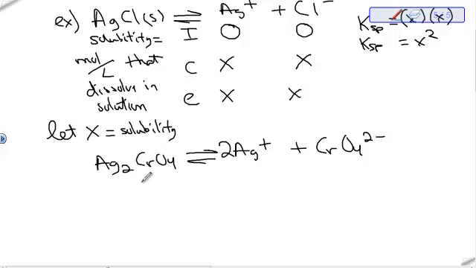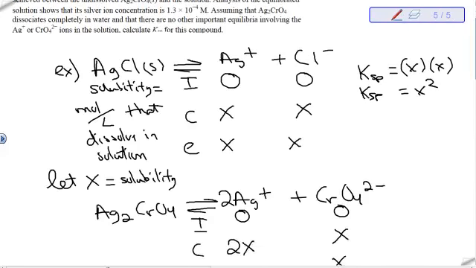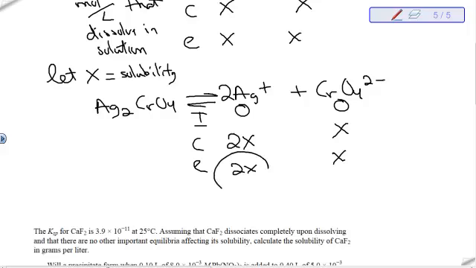We're still going to let X equal the solubility of silver chromate. And so that allows us to use the same ICE technique, and the initial amounts are still 0, but please note that the amount of change from silver's perspective is 2X, chromate 1X, adding down we get this and we get that. Now that number, 1.3 times 10 to the negative fourth power, represented the concentration of silver ions at equilibrium, which we know is 2X.